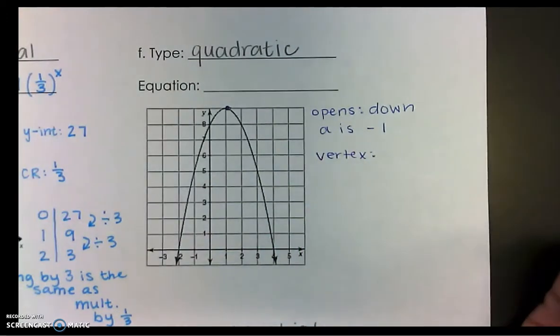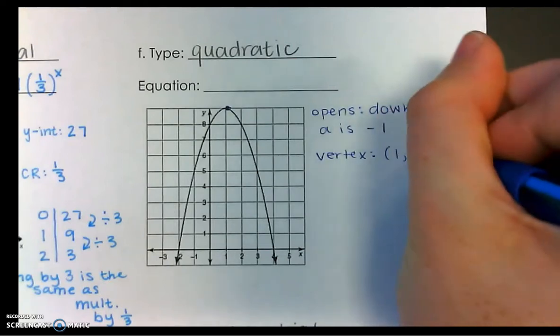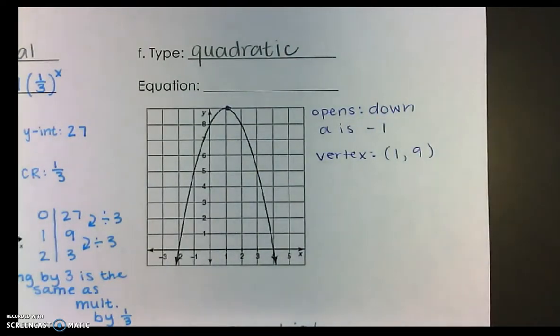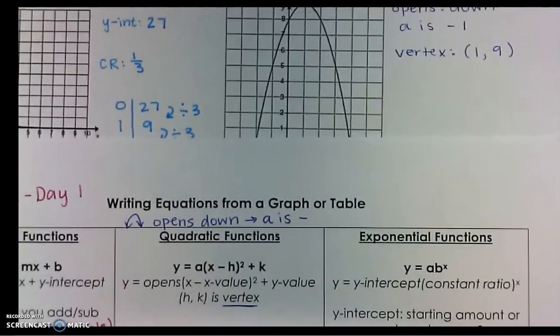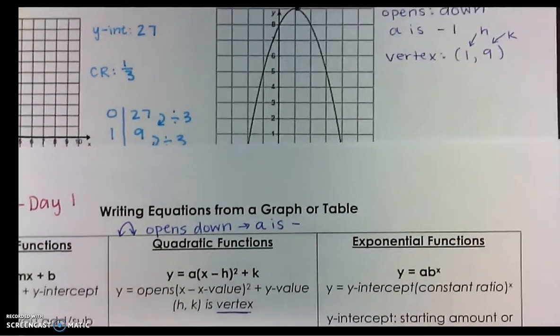My vertex for this graph is at positive 1, 9. I'm going to plug that into this formula. Remember, h is the x value, k is the y value.